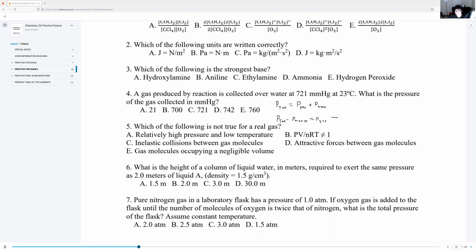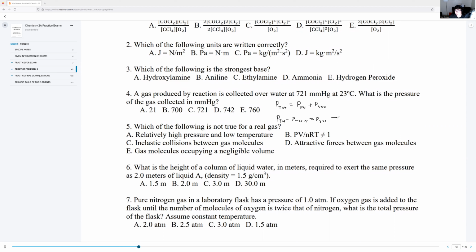Now, you can see that it's 721 minus something, so it can't be bigger. It can't be the same. And I can tell you it's not going to be 21. That's just too low. The pressure of water is usually, when I remember, in the 10 to 30 range, probably closer to the 20-ish range. I really don't remember. But it's going to be 700. So that is the answer to number 4.